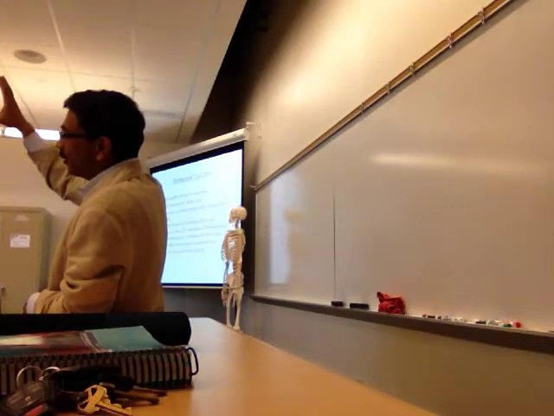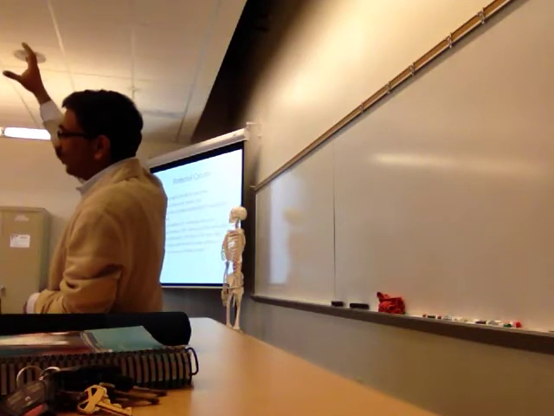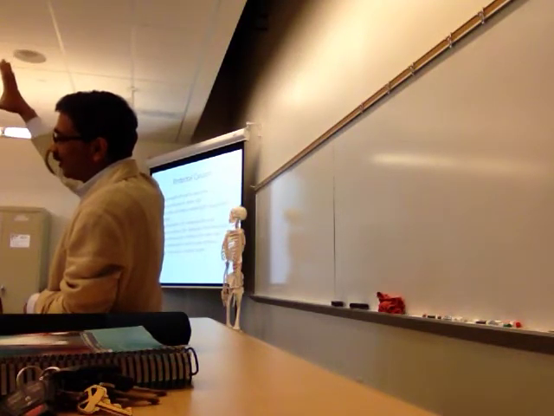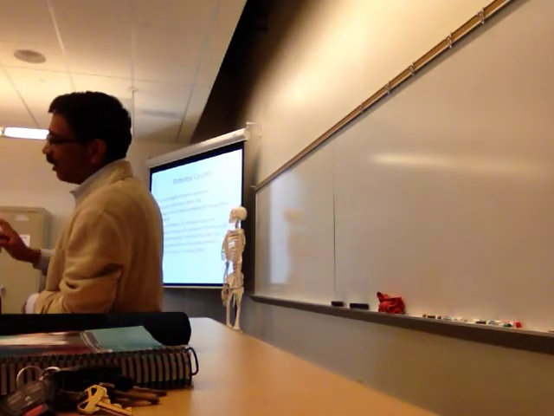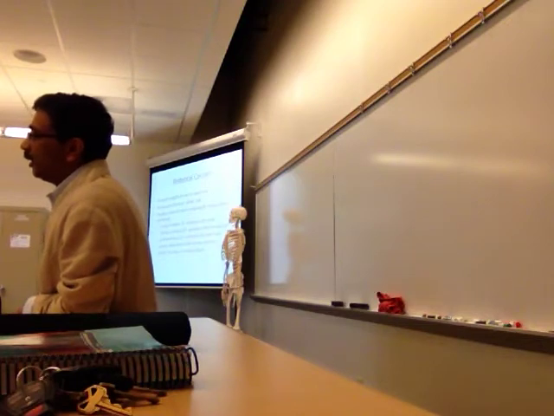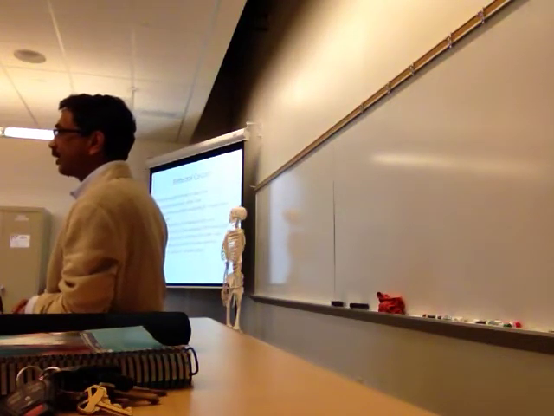Thoracic is 12, cervical is 7, and lumbar is 5. If you add 7 and 5, cervical and lumbar, that makes 12. So 7, 12, 5.